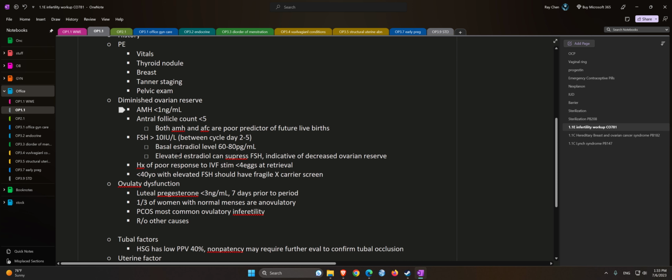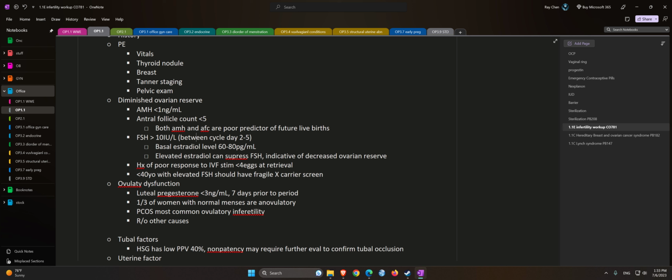FSH greater than 10 international units per liter, checked between cycle day 2 to 5. And then we check for basal estradiol level. If it's between 60 to 80 picograms per milliliter, this should be normal.